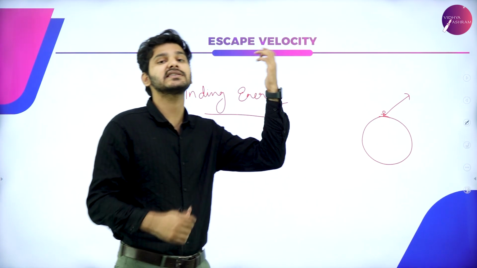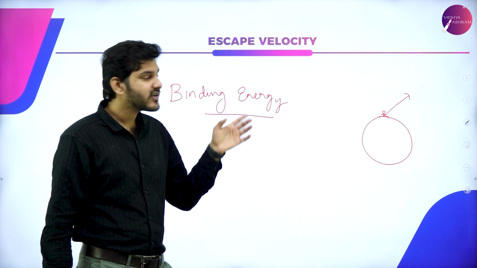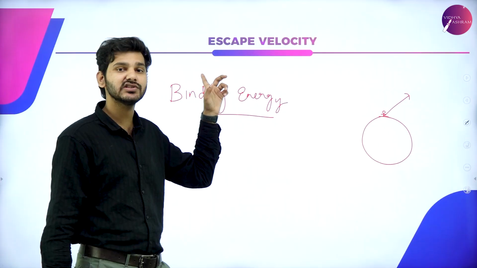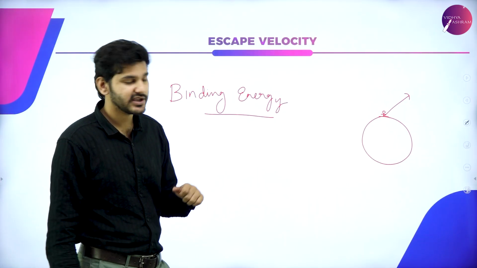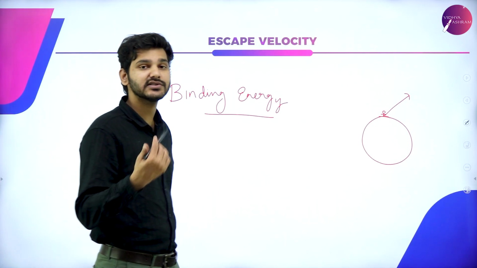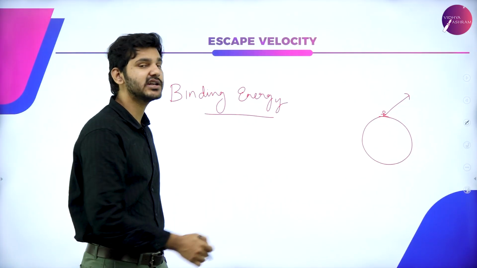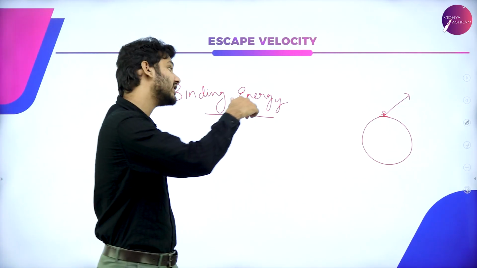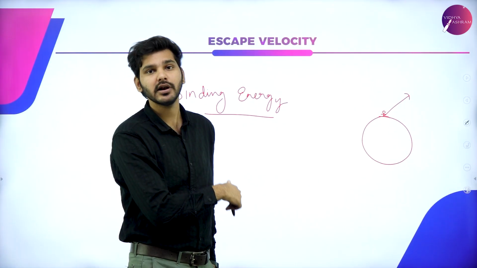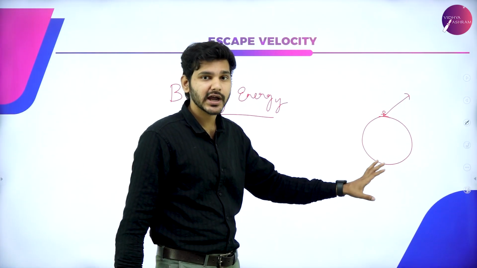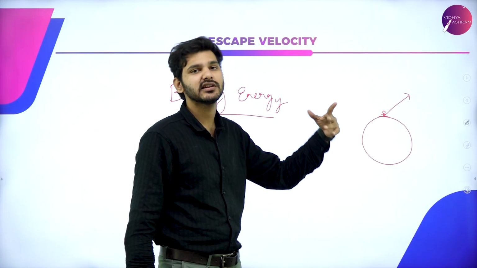So if we want to escape Earth's gravitational field, we have to have at least energy equal to the binding energy. If I am moving with a velocity v, then my kinetic energy should be at least equal to the binding energy, or more, in order to escape Earth's gravitational pull. It is the energy required to escape Earth's gravitational field.